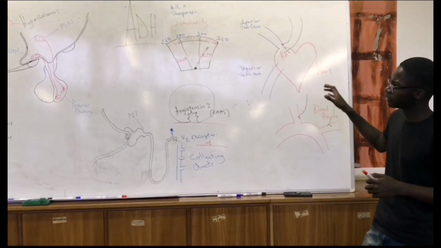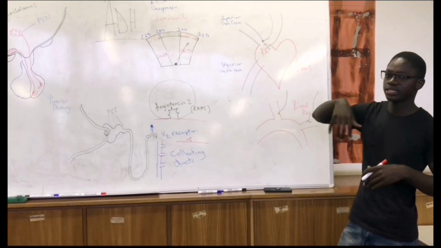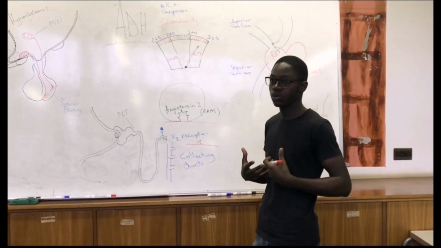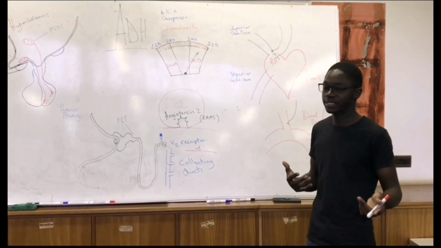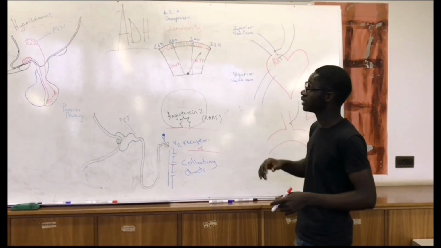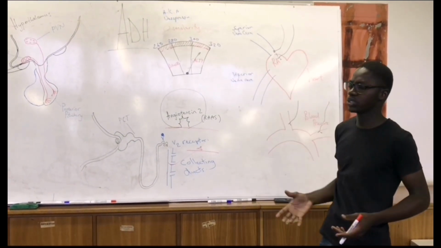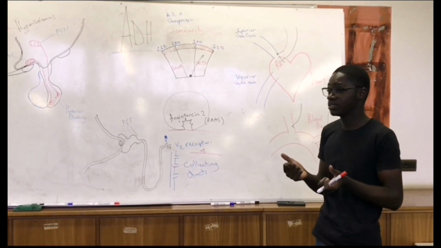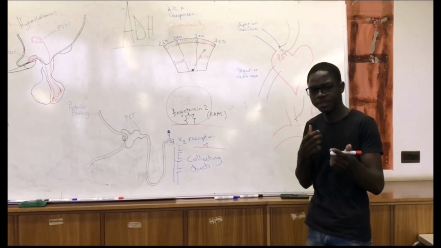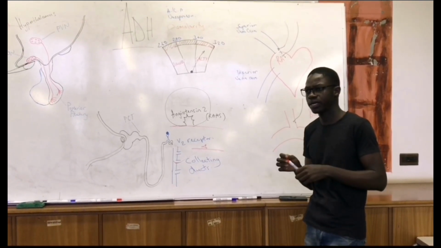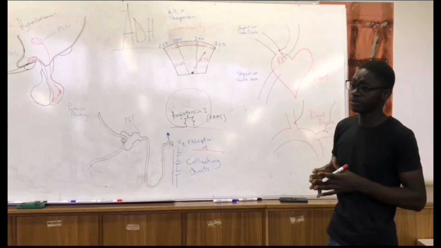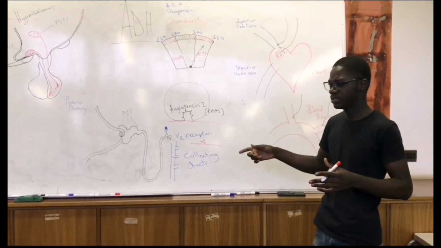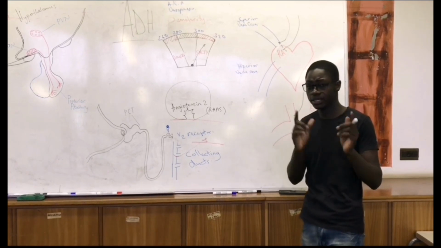So just a quick summary. ADH is an antidiuretic hormone. It causes the reabsorption of water. It prevents diuresis, that is the loss of water. It's also called vasopressin because it constricts blood vessels, and it does this via the IP3 and DAG pathway, which was talked about in the previous videos. It also causes glycogenolysis and gluconeogenesis in the liver.